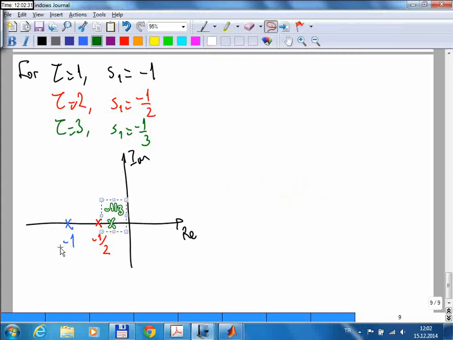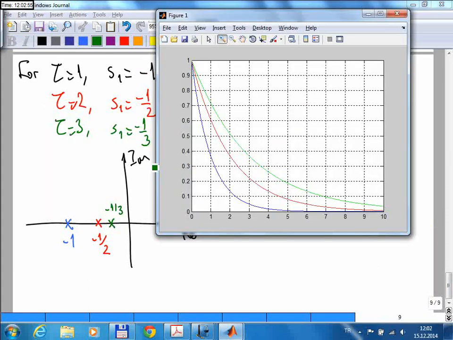If it is far from the origin, then it gives a faster response. In fact, let's try another one, and we will see that it is yet even faster. Or maybe there's no need to try, it's really obvious.